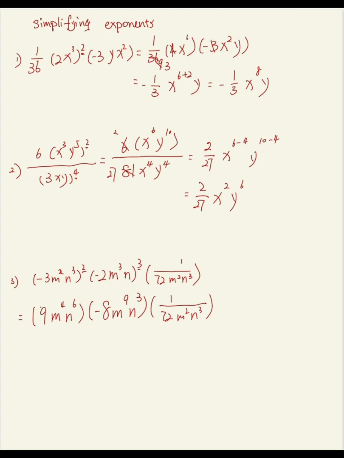Then we can cancel 9 and 8 to get 72, and it equals, we can write the negative symbol here, and this is m, and 4 plus 9 subtract 2, for n is 6 plus 3 subtract 3, and it equals negative m to the 11th n to the 6th.